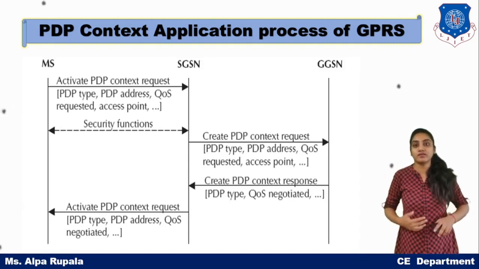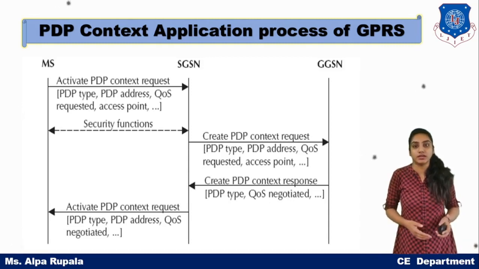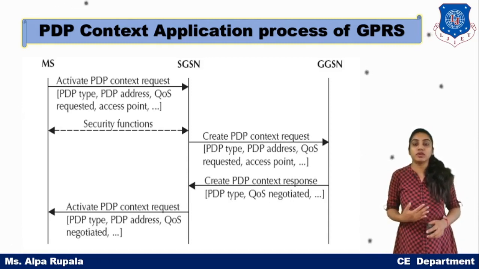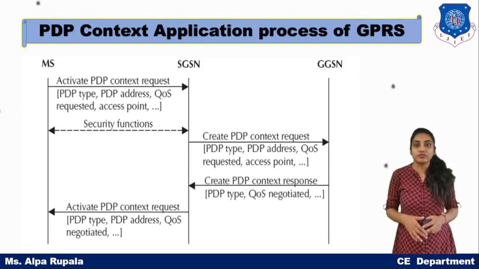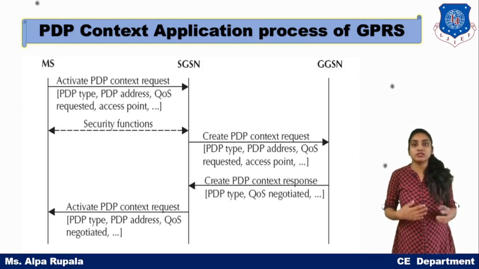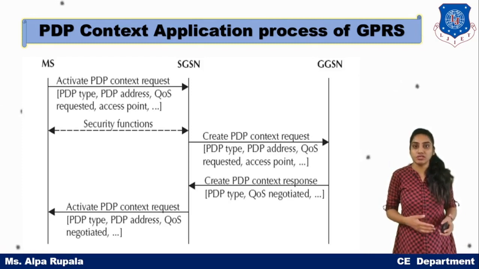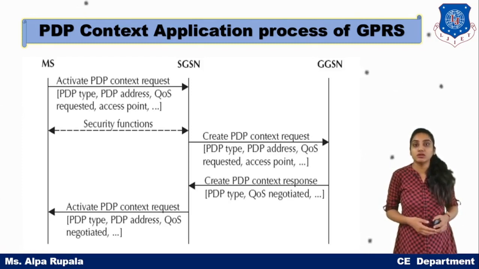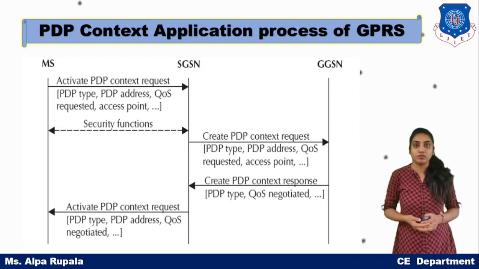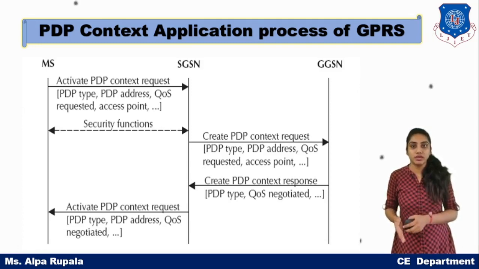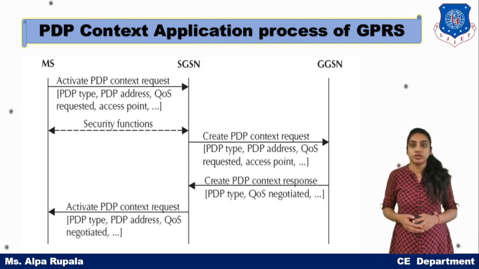Now, it is not the case that every time we can get what we require. Suppose we have requested a 100 kbps data rate, but it may be possible that the particular GGSN is already busy transmitting another MS's data. So you cannot have that data rate, but you can have a reduced data rate, and you can transfer your data at that reduced rate.